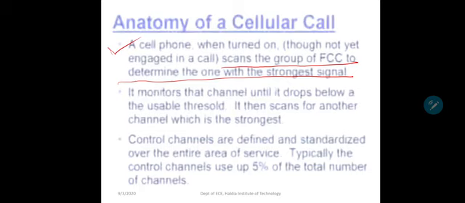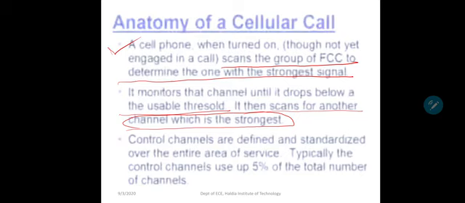The second one is it monitors that channel until it drops. A particular channel which is having the strongest signal is monitored until its value drops below a certain usable threshold. The moment it happens, it again starts scanning for the next channel which is having the strongest signal strength.